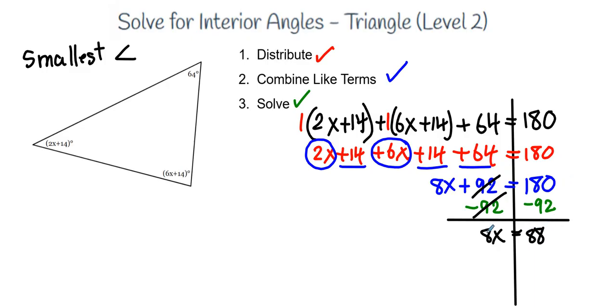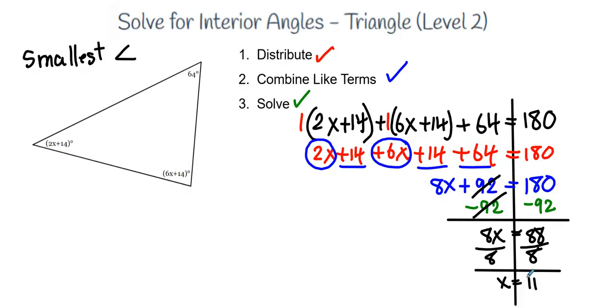Then to get rid of the coefficient, or the number in front of x, I'll divide by 8 on each side. And then we'll simplify that, and we'll finally get our answer. So 8 divided by 8 is going to give us 1. 1 times x is just x. And then 88 divided by 8 is 11.